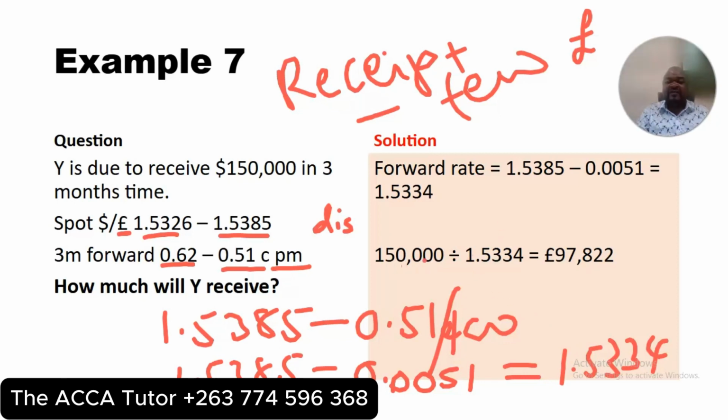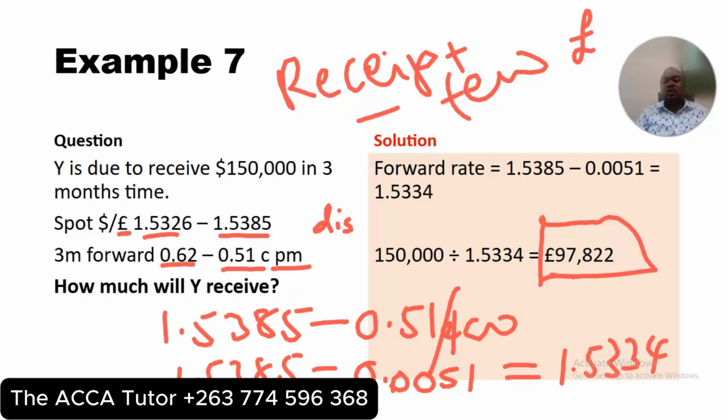And then if you divide 150,000 by this rate, we are going to get these pounds. These are the fewest pounds we can get.